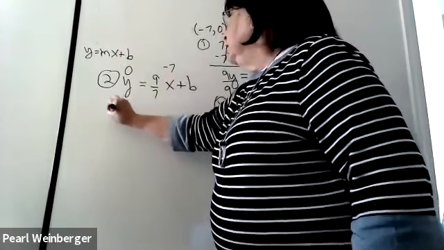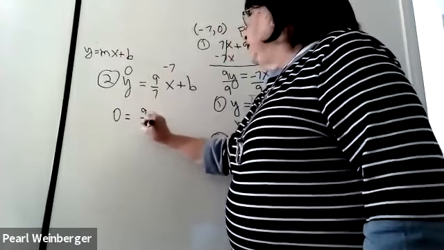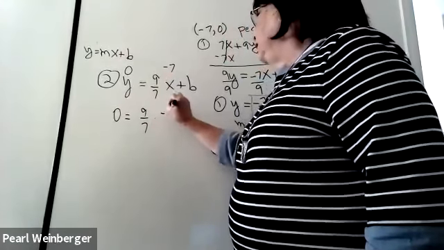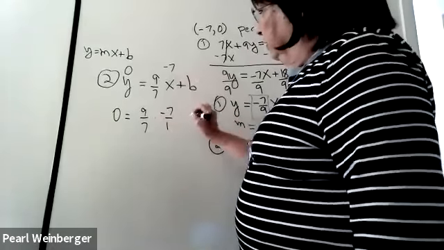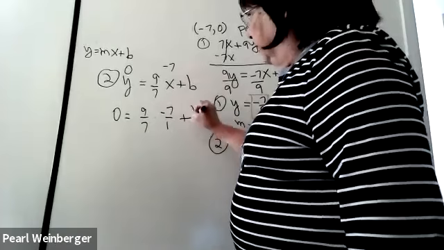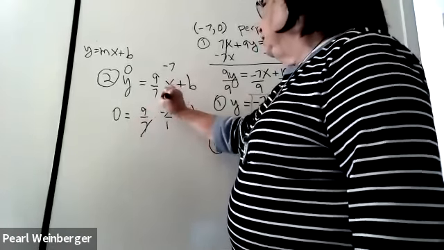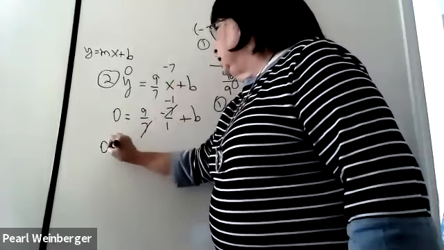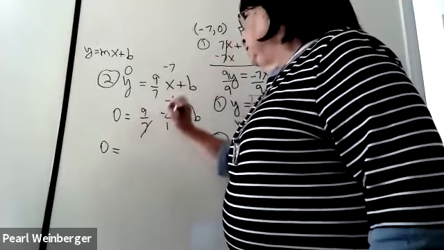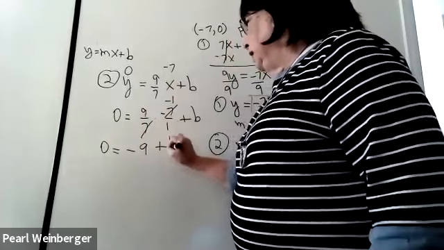So this equation is going to become 0 equals 9/7 times -7, which I'll put over 1 so I just keep track that the 7 is in the numerator, plus b. And here the 7's happen to cancel out. This becomes a -1. So this becomes 0 equals 9 times -1, which is -9, plus b.